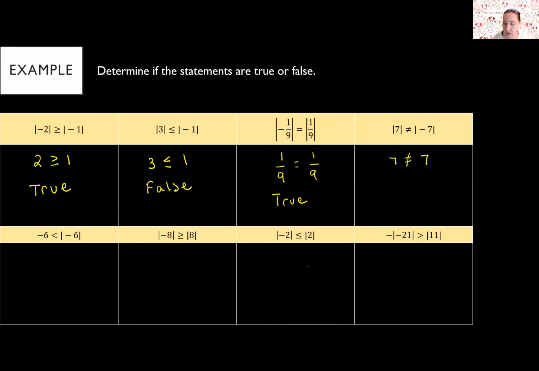So this is a false statement. 7 not equal to 7. That's not true. 7 is equal to 7. So this is false, which makes sense because if it was equal to and that was true, then obviously the not equal to would be false because they give you the same thing out, whether it's a negative or a positive in.